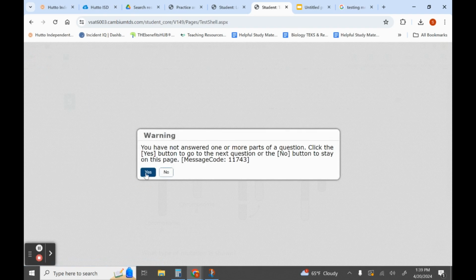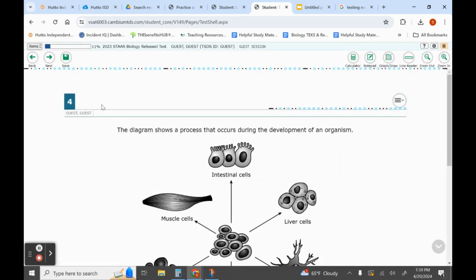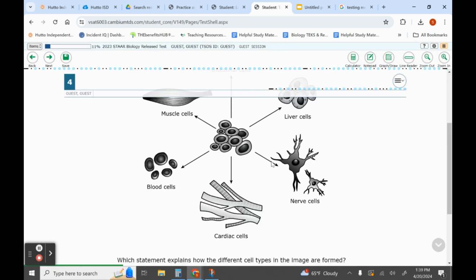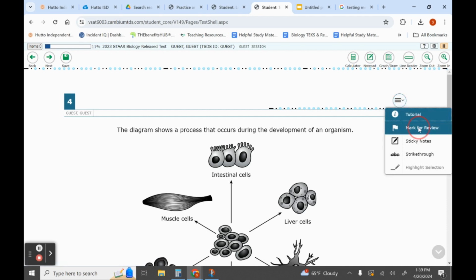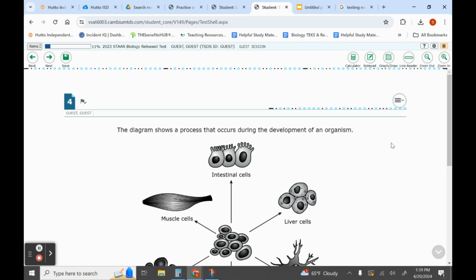The second thing is if you see something that you really don't know, that you think, ooh, I know this is going to give me a hard time, there's two things I would do. The first one is I'm going to hit this drop down menu and I am going to mark that for review. What that does is flag that question.